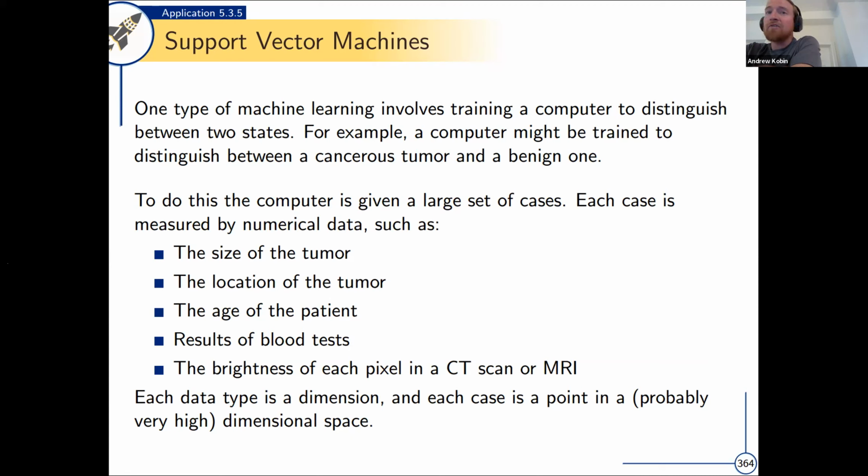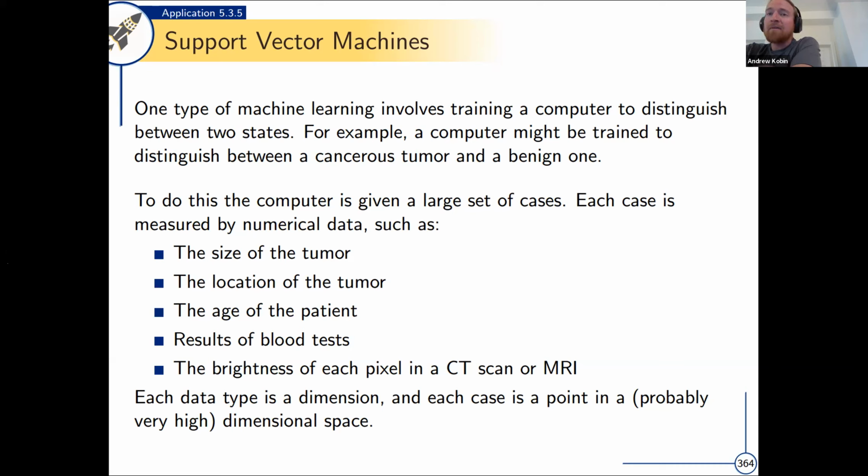Each case is going to be measured in a few different ways, such as the size of the tumor, the location of the tumor, and then some other things about the patient might be involved, such as the age of the patient, results of certain blood tests that were performed, and ultimately the numerical data that the computer will be looking for specifically will be the brightness of each pixel in a CT scan or an MRI scan, which is provided as just an image, a pixelated image that the computer can learn from.